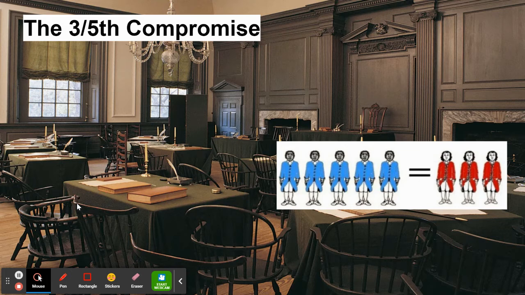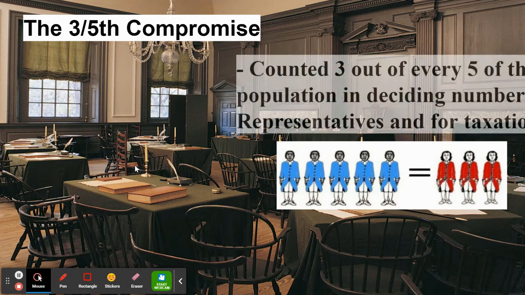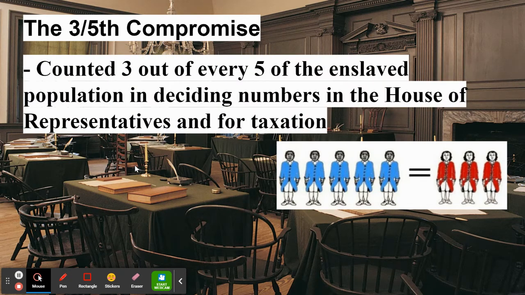So the delegates agreed upon the 3/5 compromise. The 3/5 compromise included the counting of 3 out of every 5 enslaved people towards the population of the state. So it influenced determining the number of representatives in the House, and also influenced taxation.